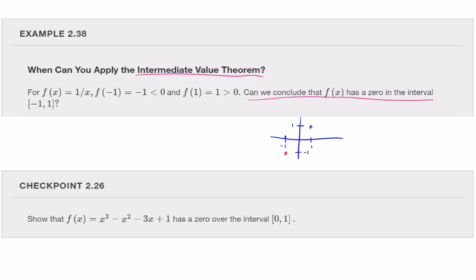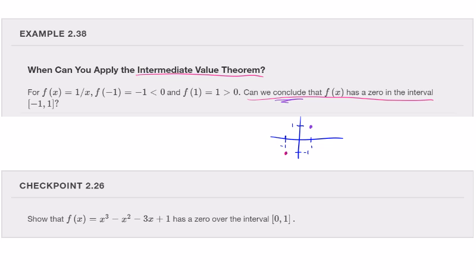So can we conclude that we have a 0? Well, yeah, remember the intermediate value theorem. If I can't pick my pencil up from the paper, then to get from point A to point B, I'd have to cross through 0, correct?